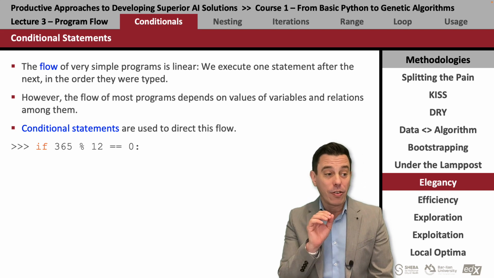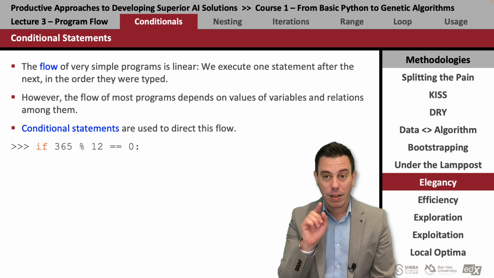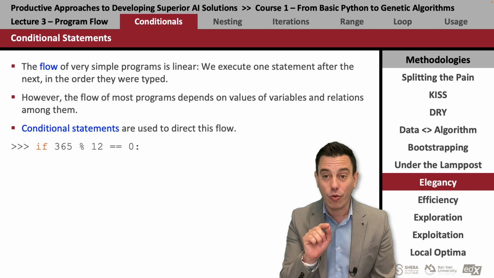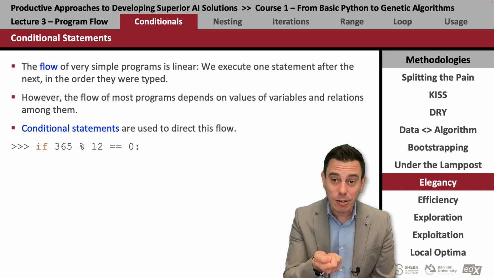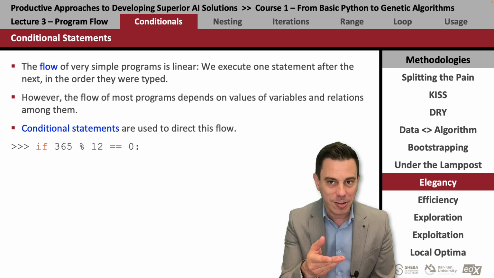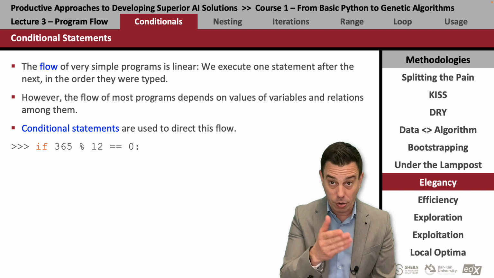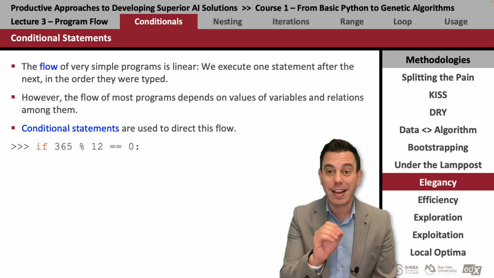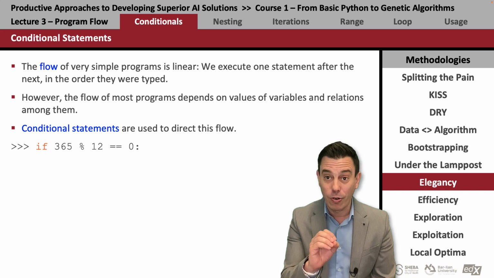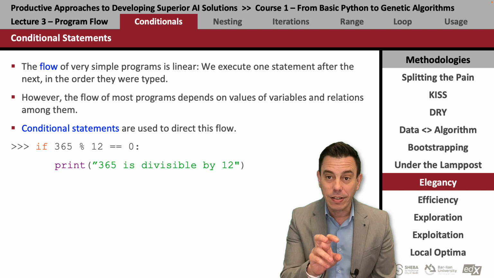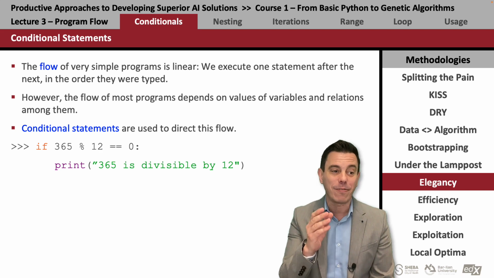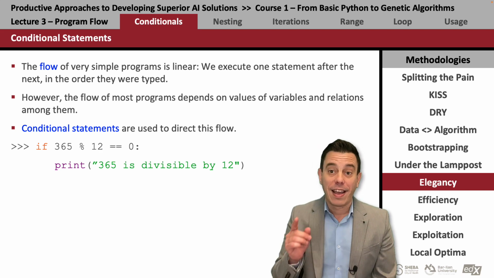So, if 365 modulo 12 equals 0, it means that the result of the modulo, which is the remainder, is 0. So, of course, it means that 12 divides 365 fully. If this is the case, we will print 365 is divisible by 12.